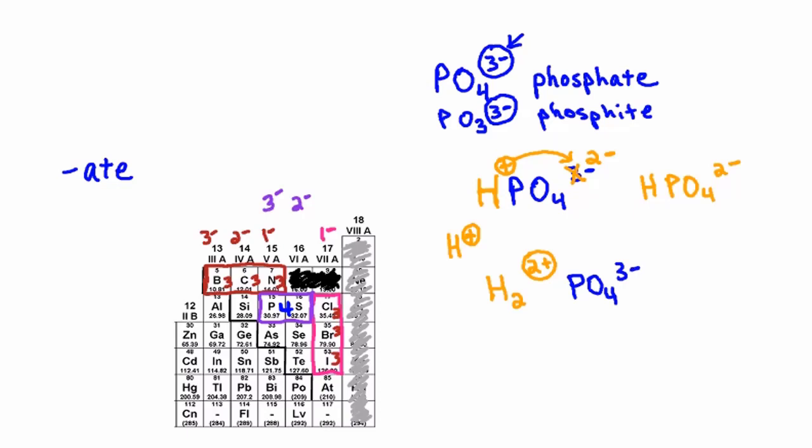So the 2 positive charges are going to come over and take away from that -3, leaving you with just one negative charge. And that would be dihydrogen phosphate, because there's 2 hydrogens. So dihydrogen phosphate.